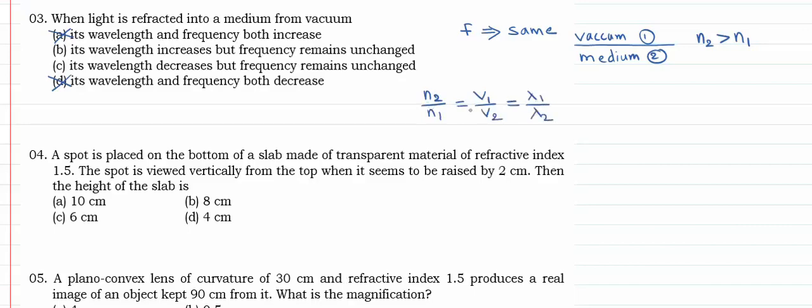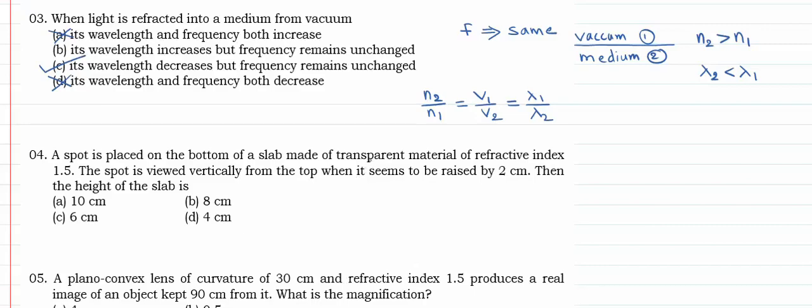Means n is inversely proportional to lambda. So n2 is greater than n1 means lambda 2 is less than lambda 1. When it goes into the second medium, its wavelength decreases but frequency remains unchanged. So option C is the answer.